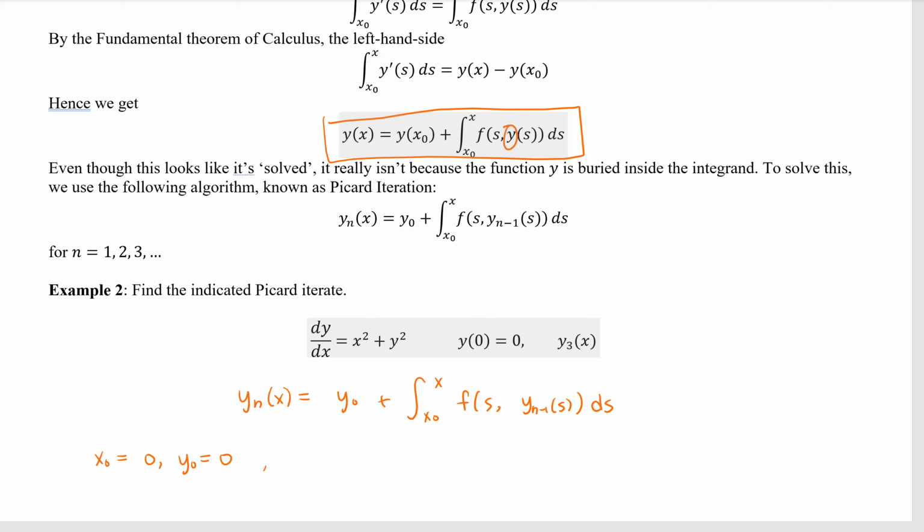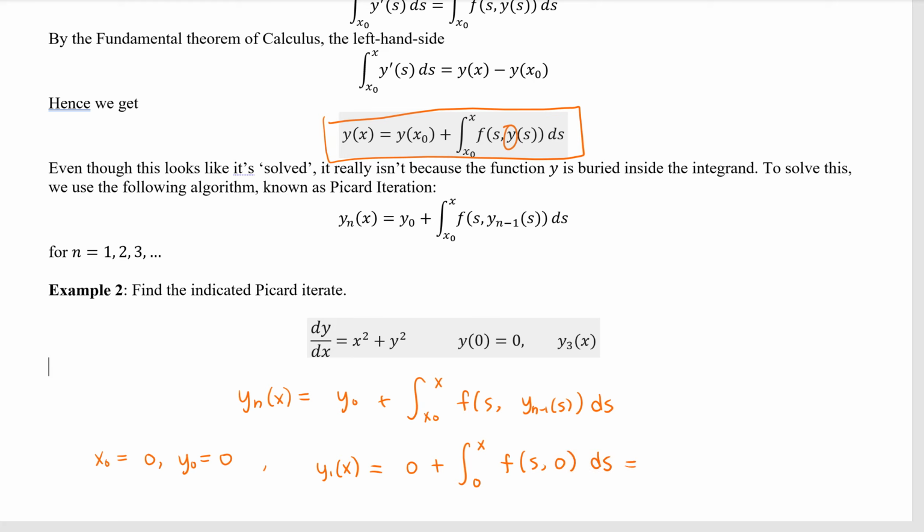Then we plug it in: y1 of x equals y0, which is 0, plus the integral from x0, which is 0, to x, of f of s, y sub n minus 1, which is 0, so the y value is 0.